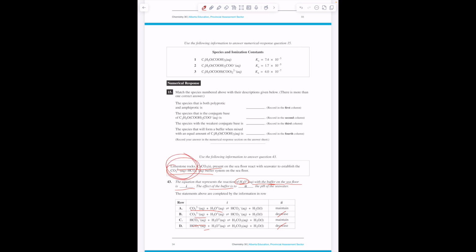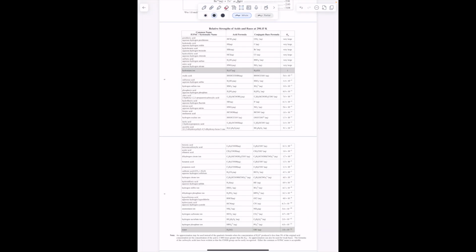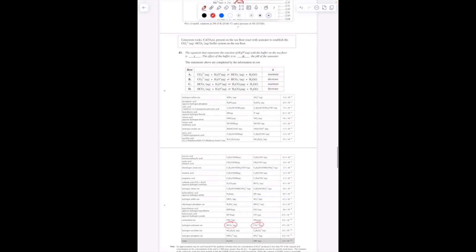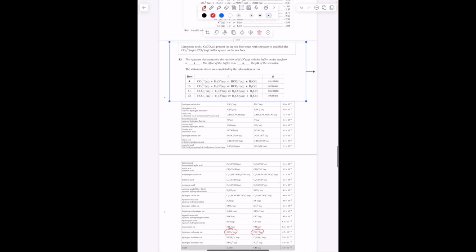Okay, so what I'm going to do is I'm going to clean this up. Let's do this again. Let's copy this. Okay, and I'm going to paste. All right. Okay, there's my question. So let's go find our buffer first of all. There's our buffer down here, HCO3 negative and CO3 2 negative. And then if I added acid to it, I have to make this smaller.